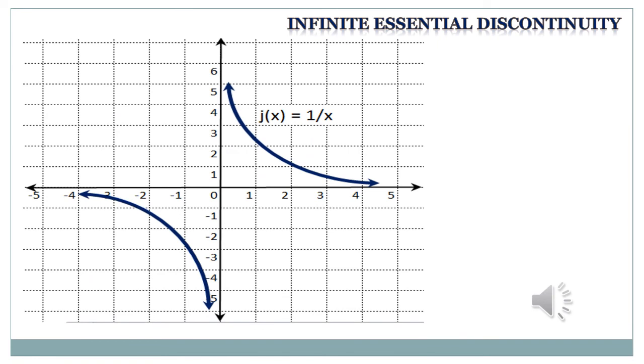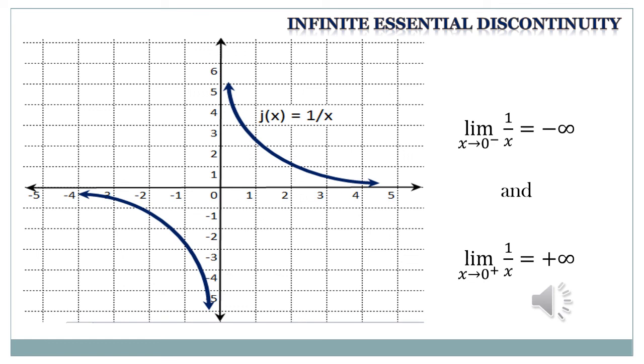And let's have an example. Our function is j of x, which is equal to 1 over x. Let's examine the graph. The limit of 1 over x as x approaches 0 from the left is negative infinity, and the limit of 1 over x as x approaches 0 from the right is positive infinity, and it satisfies two of the conditions.